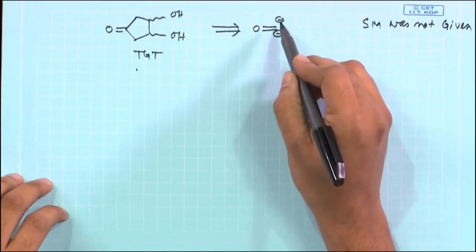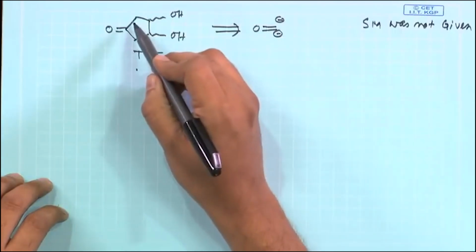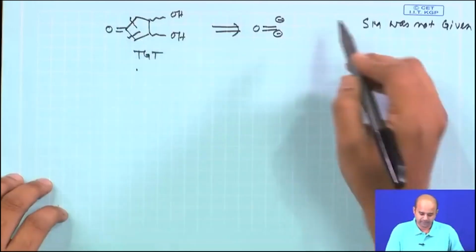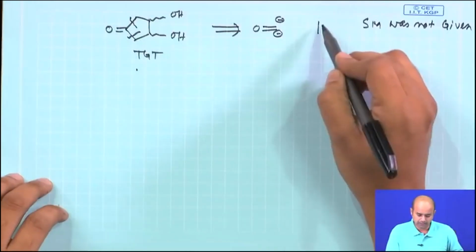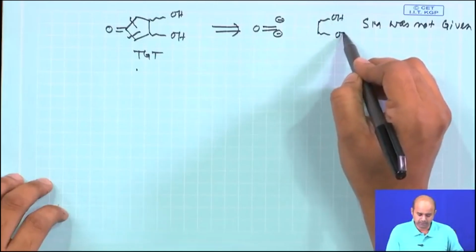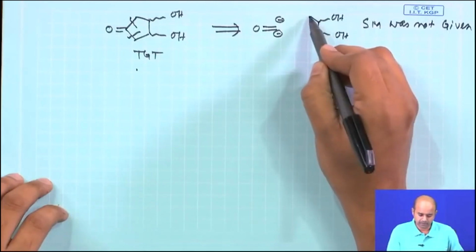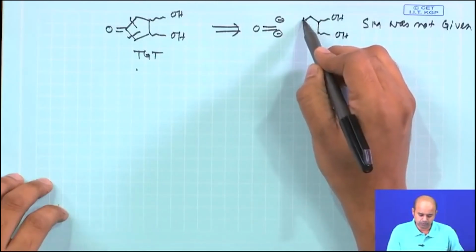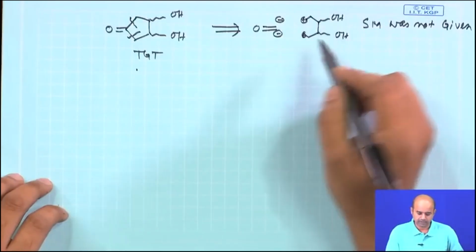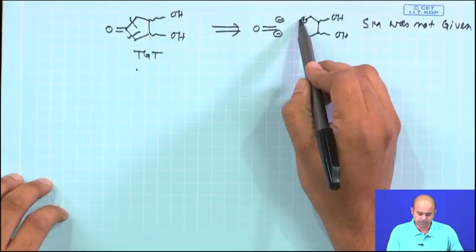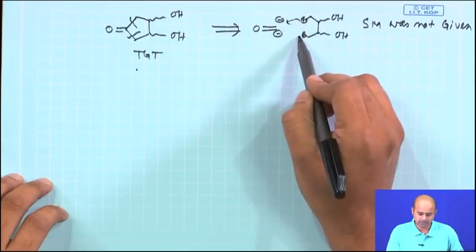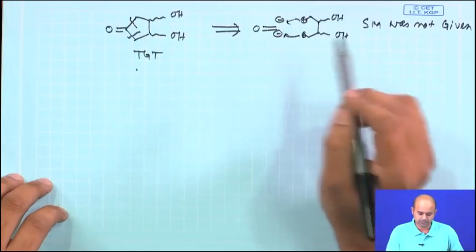I am putting two negative charges here by doing a disconnection something like here, and then you have a compound something like this as an intermediate, as a CH2 plus and a CH2 plus, meaning a positive charge at both ends, which can be connected to this double negative charge species.